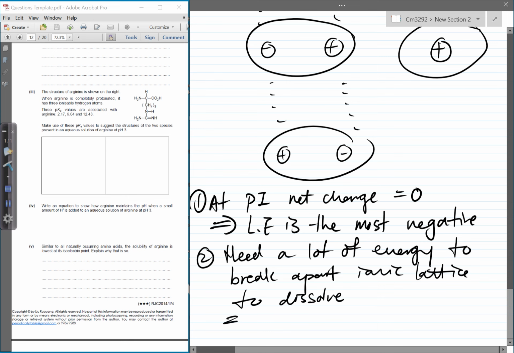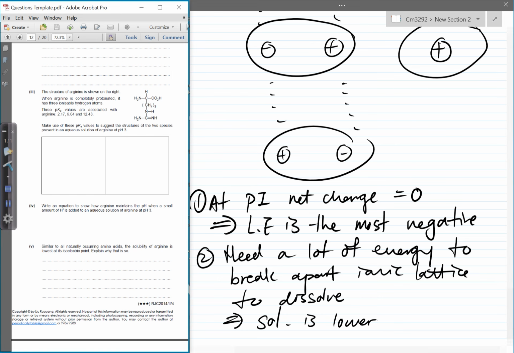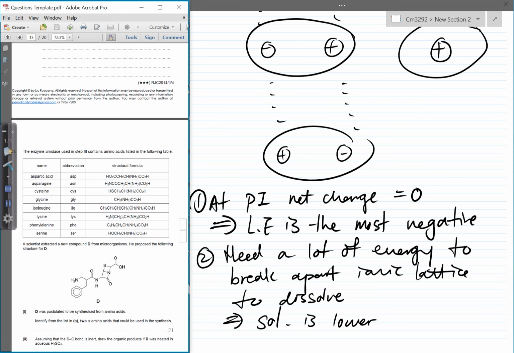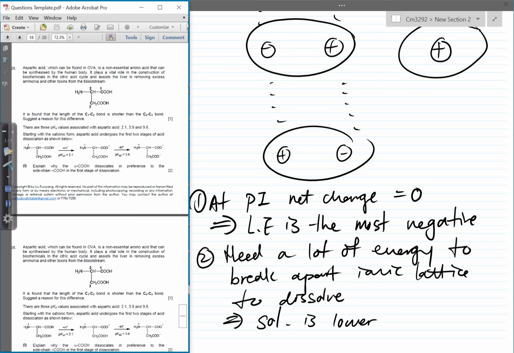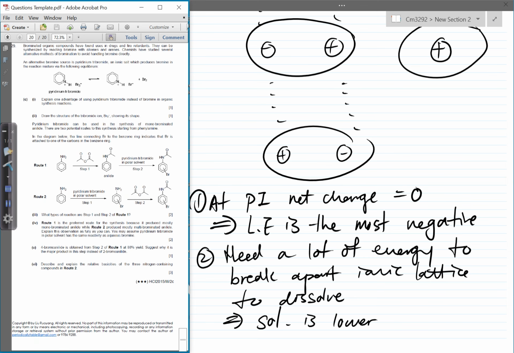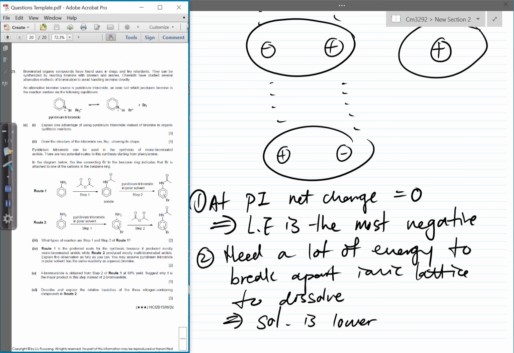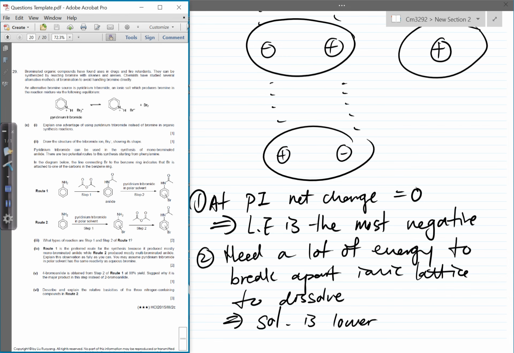So therefore solubility is lower, right? This is in terms of your thermodynamics, energetics. Okay, so you can try the last one, question 29.